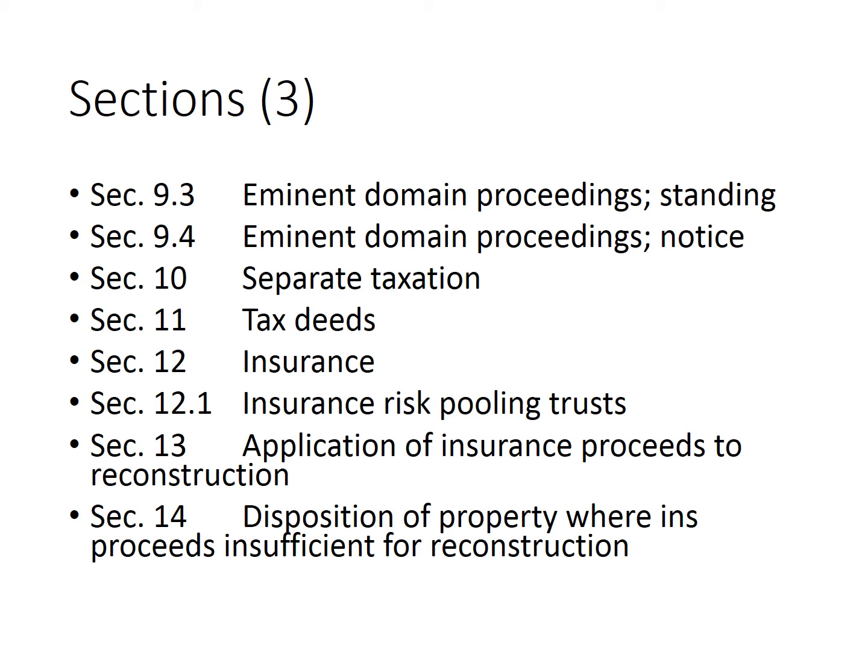Now, section 12 on insurance, we're going to do a whole section on insurance. This is very, very important. Lawyers need to understand how this works. There are required coverages. We're going to talk about it at length, but understand there are specific provisions in the Condo Act about what type of insurance associations must get.